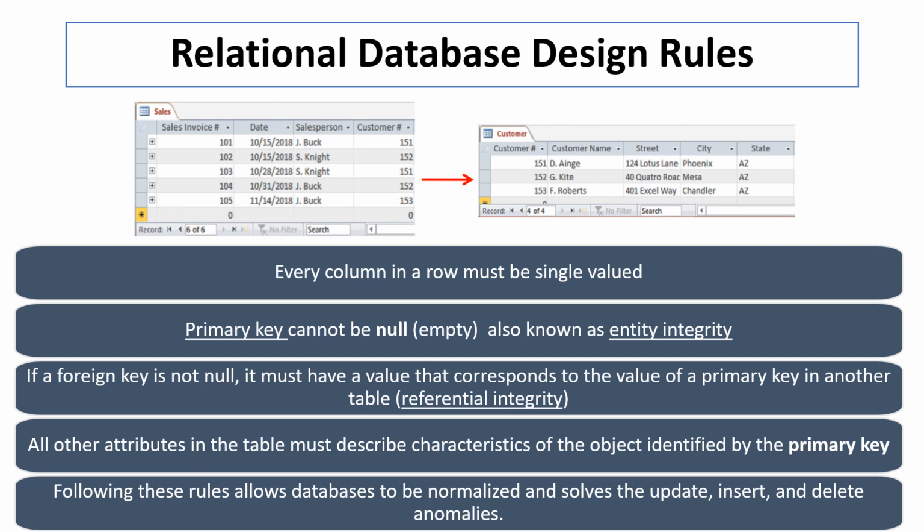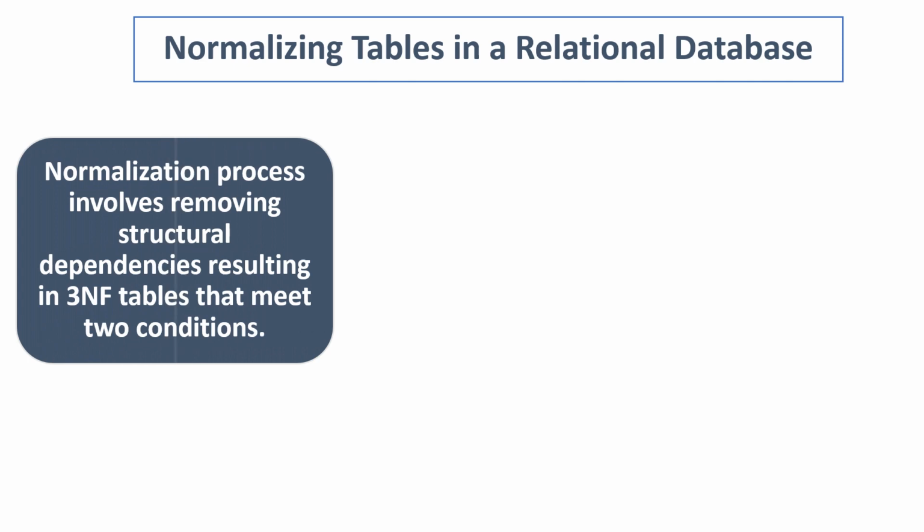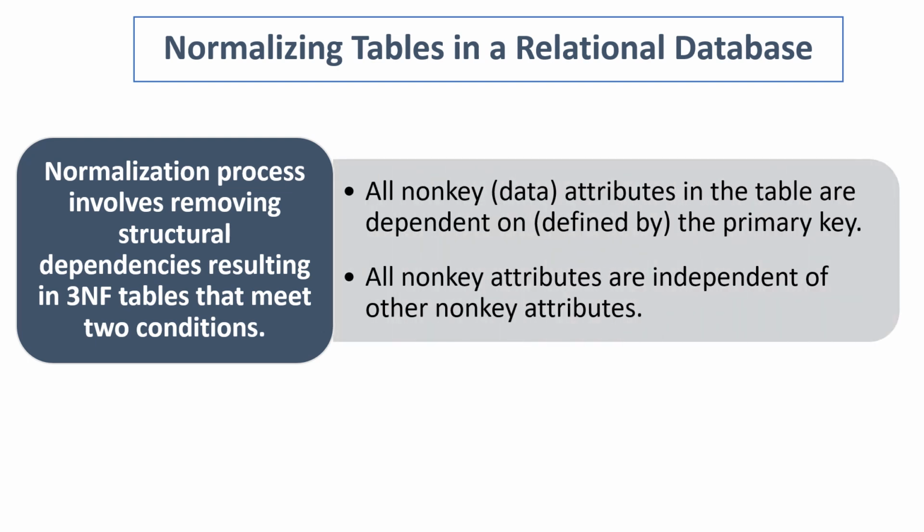Let's see the steps for normalizing tables in a relational database. The normalization process involves removing structural dependencies, resulting in third normal form tables that meet the two conditions of normalization.